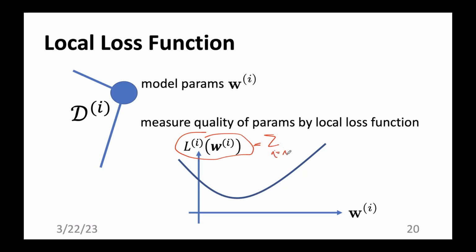We predict the labels of all the data points in the local data set at node i. Here I now have to use a different index for the data point in the local data set. So this local loss would be the mean squared error over the local data set.